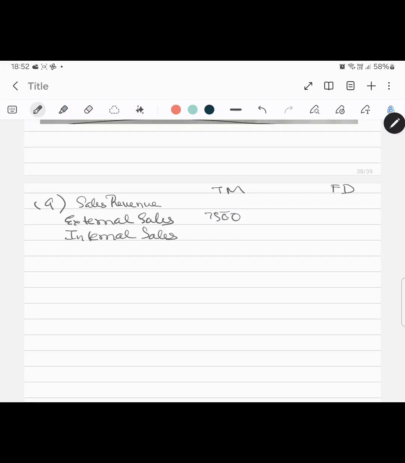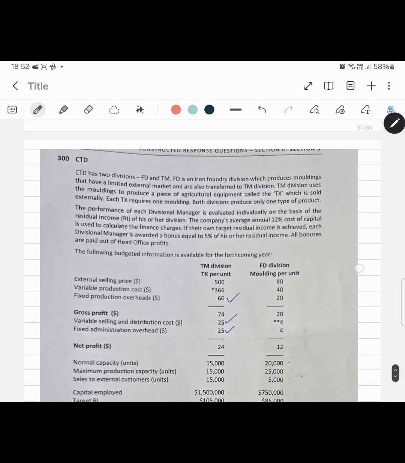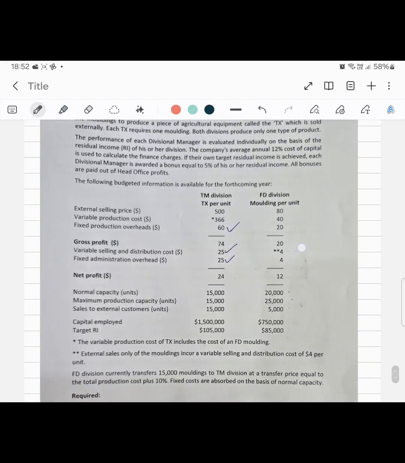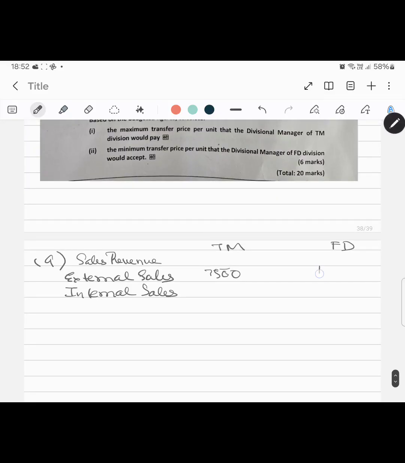And for FD, how much are the external sales? 5,000, so 5,000 into 80 divided by 1,000, that is 400, right?